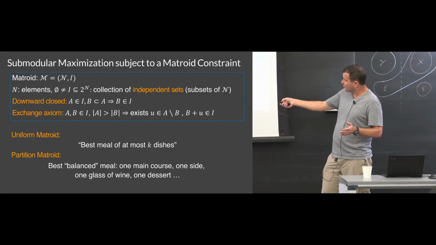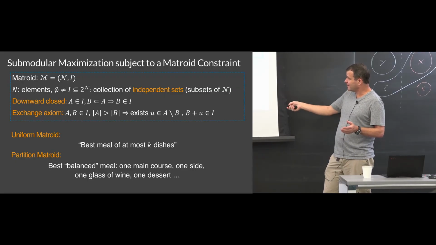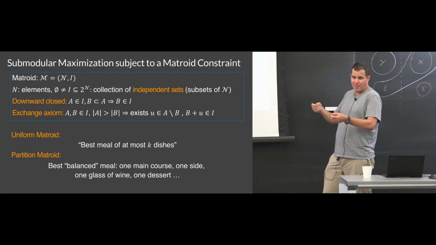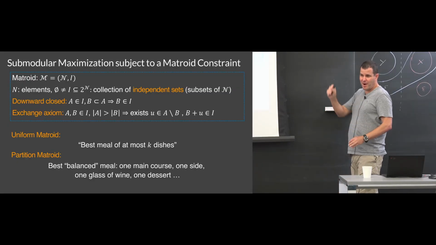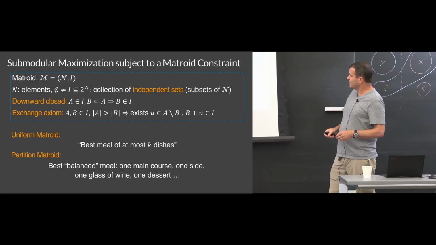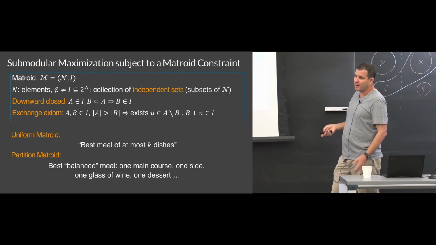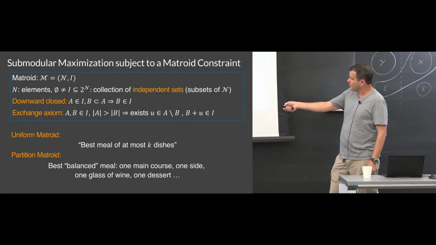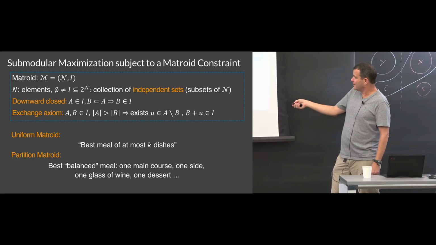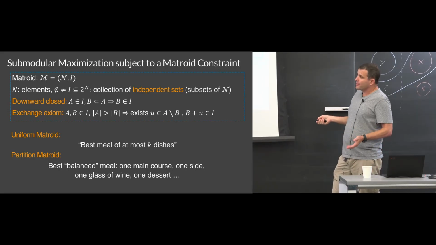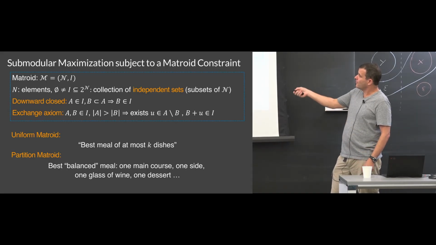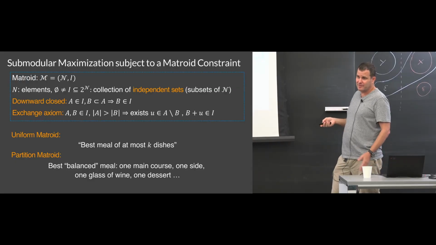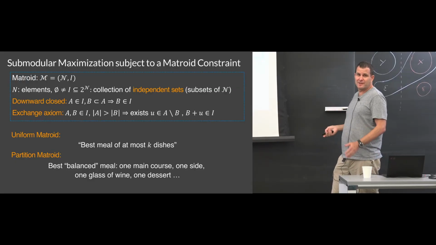You can choose at most one main course, one side, one glass of wine, one dessert, and so on. So from the menu, you want to pick one dish from every part. So this is mostly what I will talk about, partition, but everything that I say will work for general Matroids with some trivial generalization.